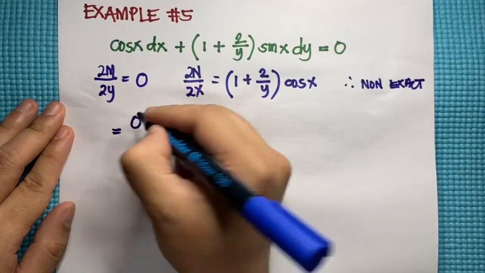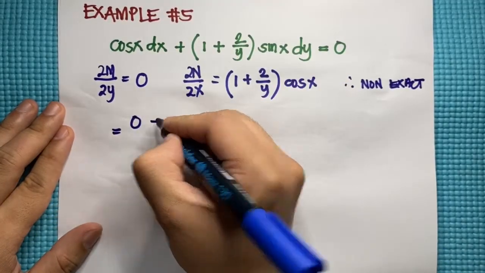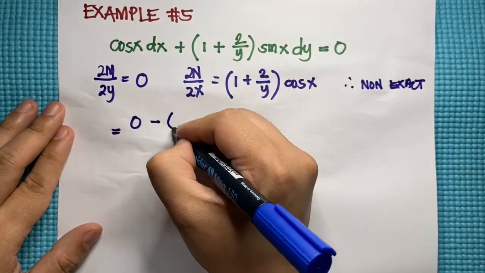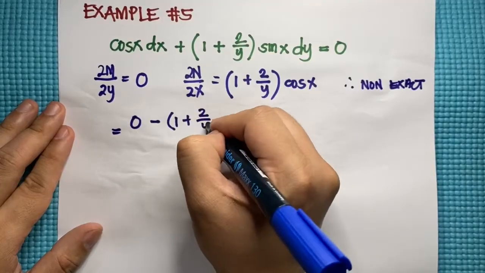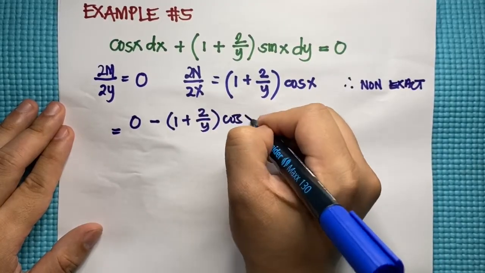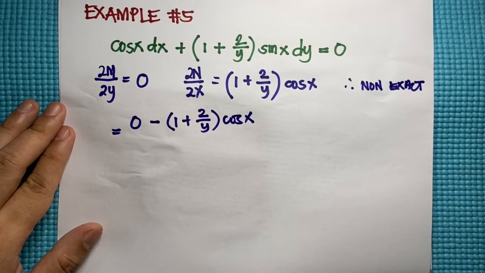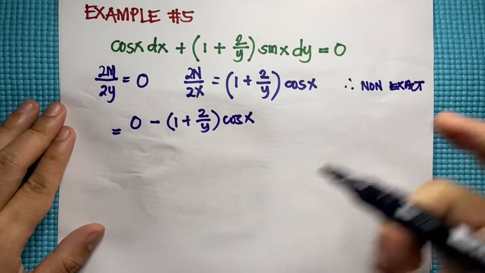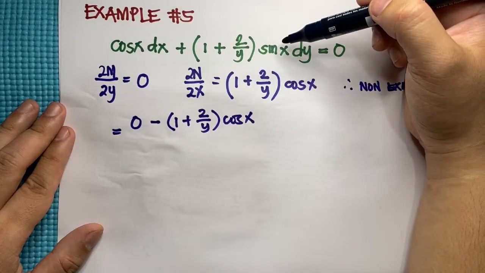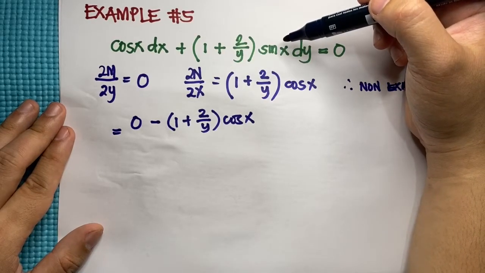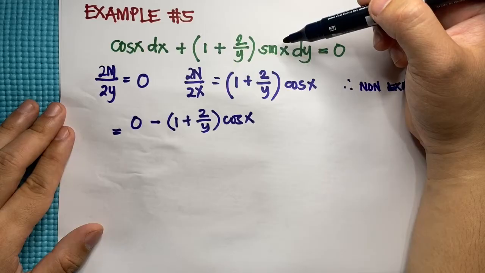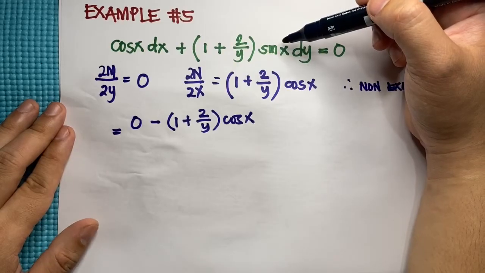Taking the difference of 0 minus (1 plus 2 over y) cosine x, obviously we can divide it. If I divide it by N, it will be a function of x alone.